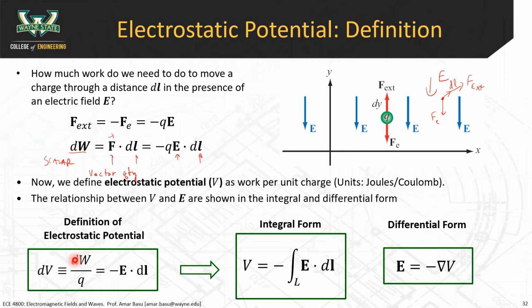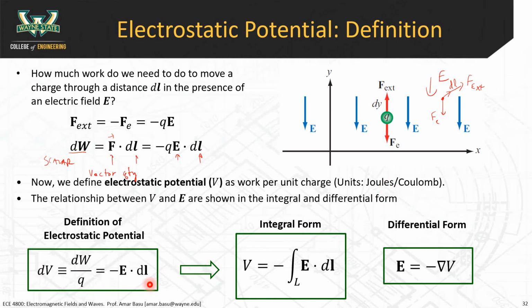In the case of electrostatic potential, it is defined as the change in work divided by the amount of charge. So we're normalizing it against the amount of charge. Okay, that's just the way that it's defined. It may make sense to you, it may not, but you have to take the amount of work you did and divide it by the charge. That's why the units are joules per coulomb.